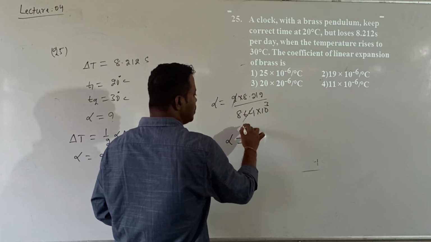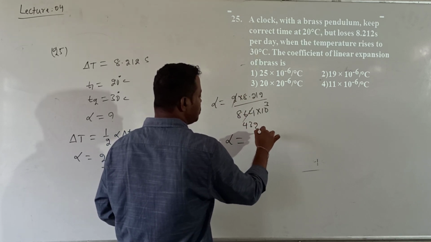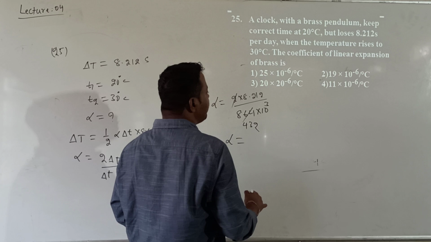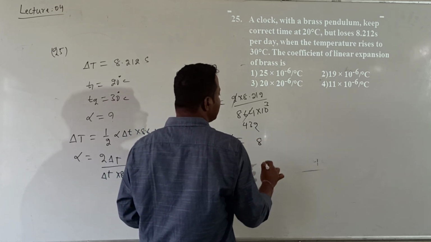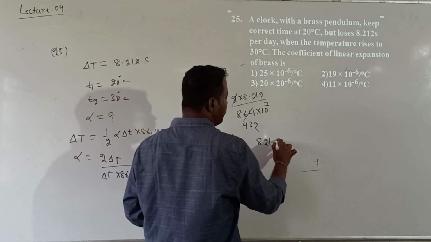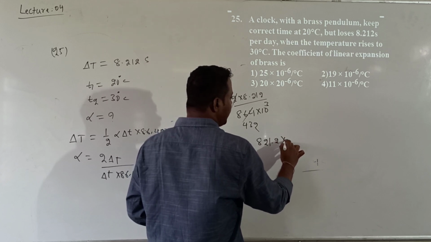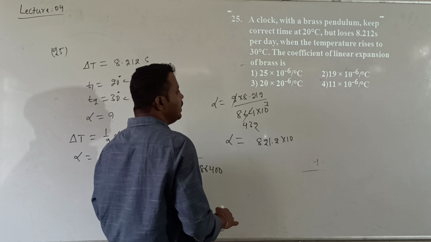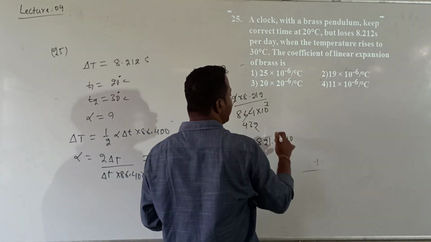2 4s are, 2 3s are, 2 2s are. So alpha value will be calculated as 821.2 into 10 power, how much will I get?